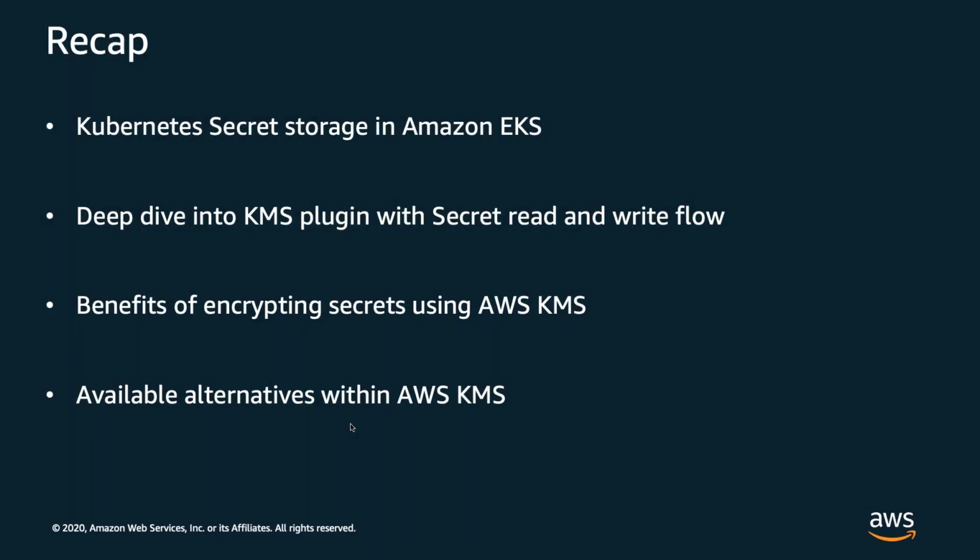So just to recap, we looked at Kubernetes secret storage in Amazon EKS, and how it's stored using base64 encoding. We looked at the KMS plugin and understood the secret read and write flow using the KMS plugin, the AWS Encryption Provider. We looked at benefits of encrypting secrets using KMS and the various key origins through which you can encrypt those secrets.